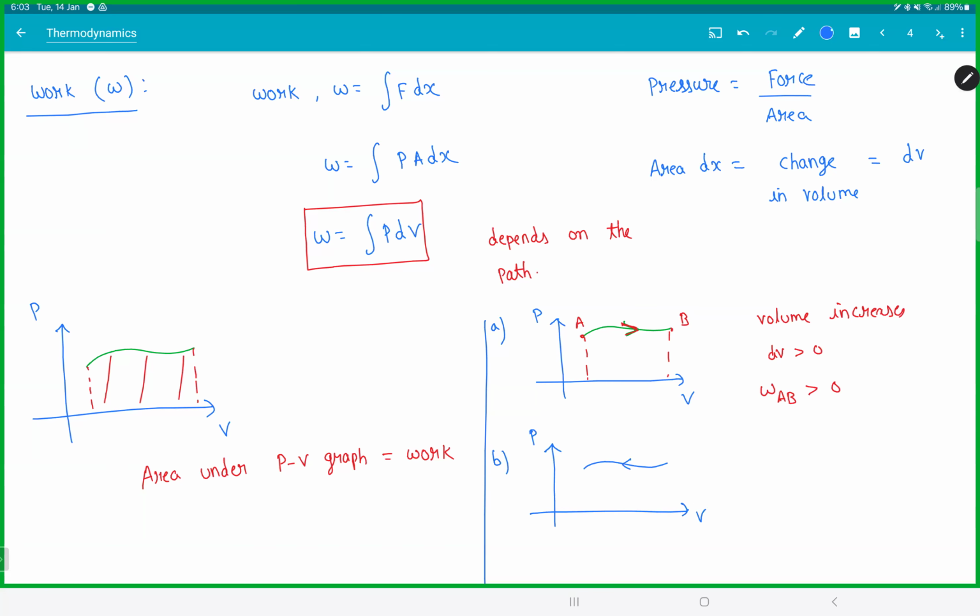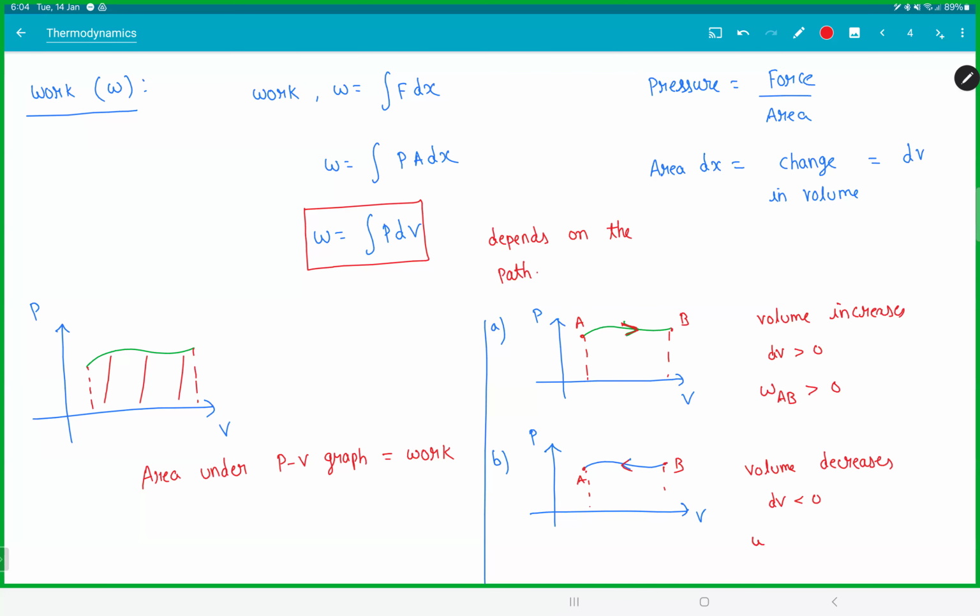Suppose the arrow is going from right to left. Now when you go from B to A, the volume decreases. So if you remember in work power energy, area above the x-axis was positive, area below the x-axis was negative. But here, there is no above and below. All the graph is in the first quadrant.